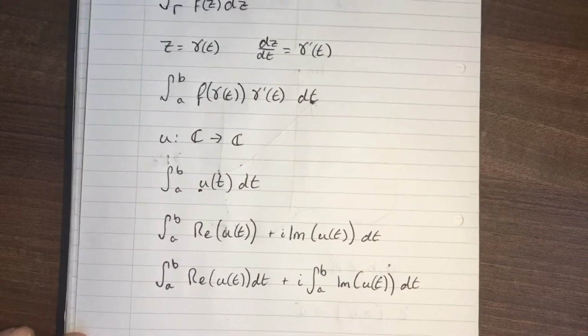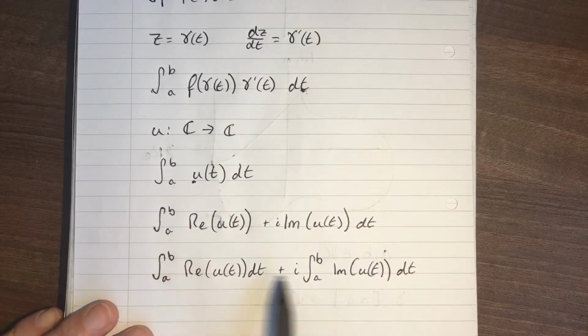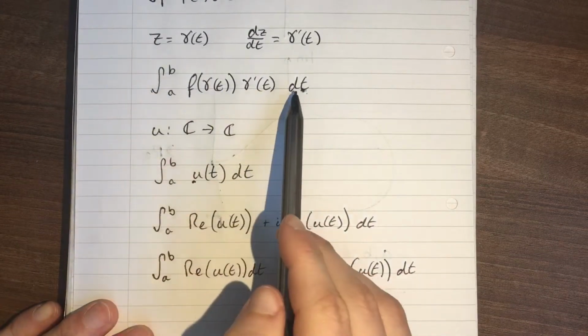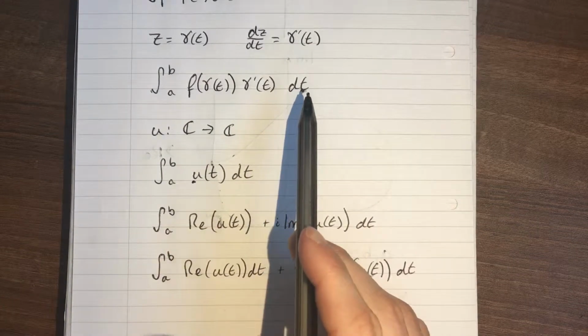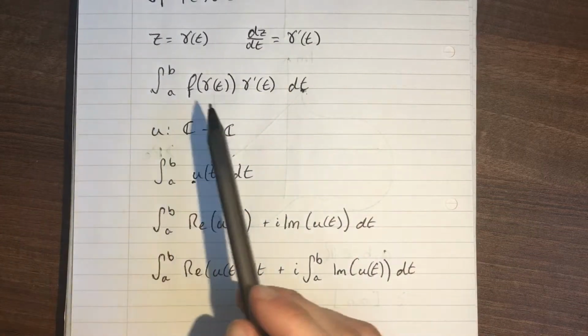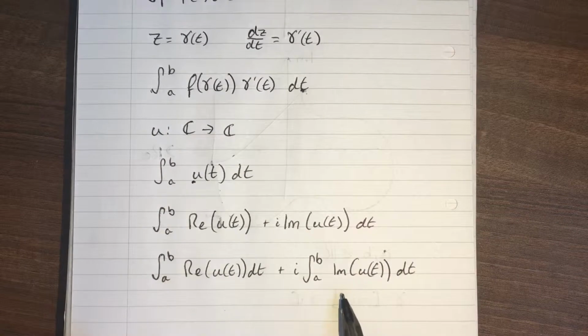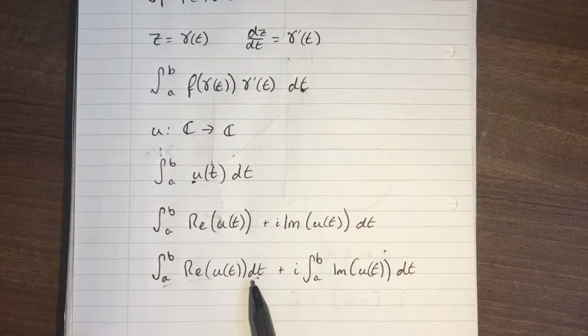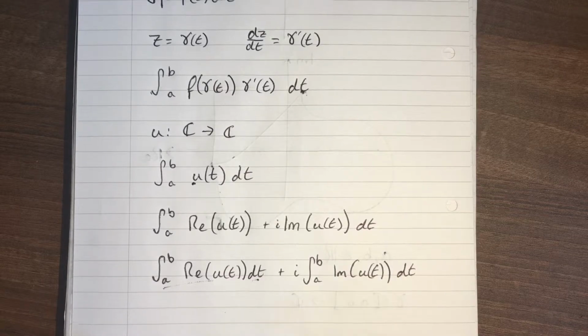And so there we go. Using the combination of this and this formula, we can take a complex integral and break it down into the sum of a real integral plus i times another real integral. And so maybe we can apply an example now.